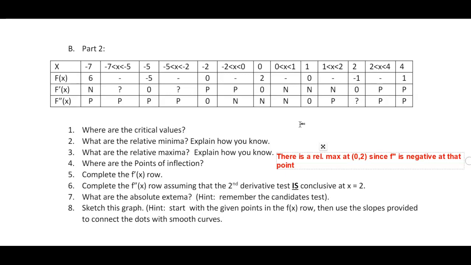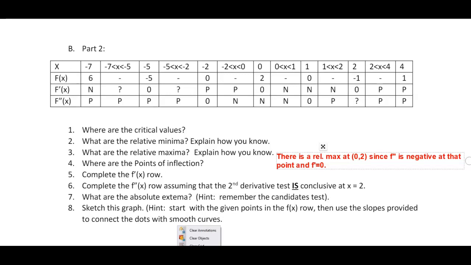And, well, I guess we could also say, and f prime equals 0. So since f prime is 0 and f double prime is negative, then that's what makes it a relative max. And I should have put that on the last one also. You have to state that either f prime equals 0 or f prime is undefined. I forgot to do that.